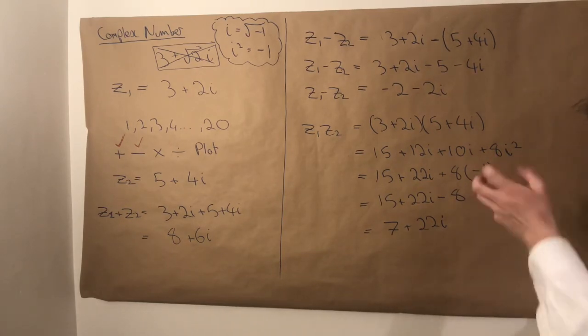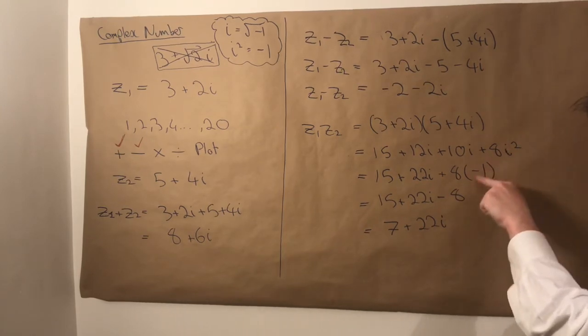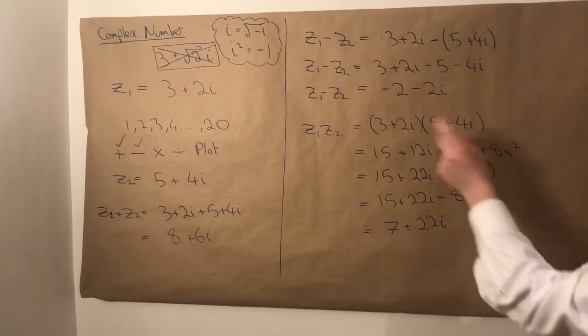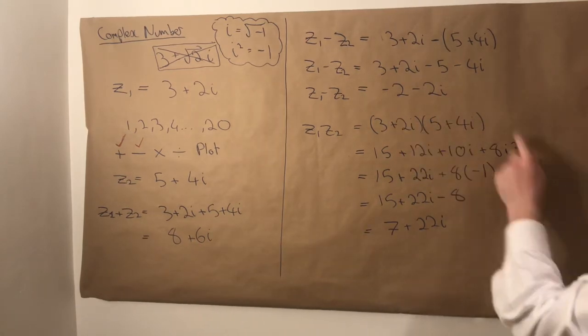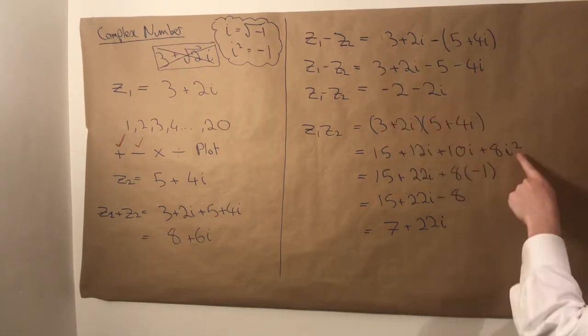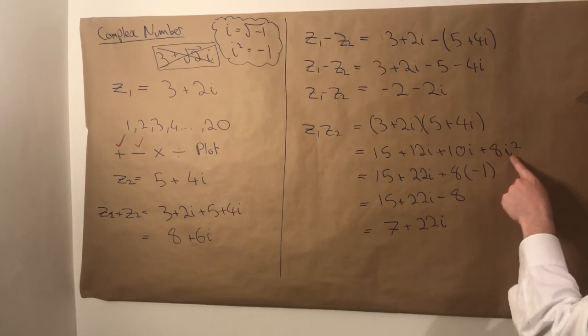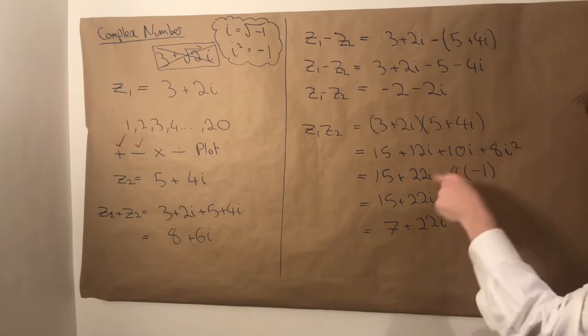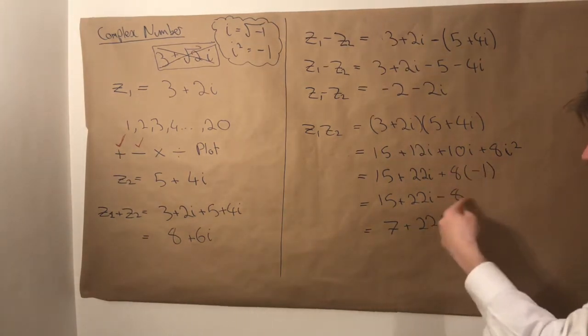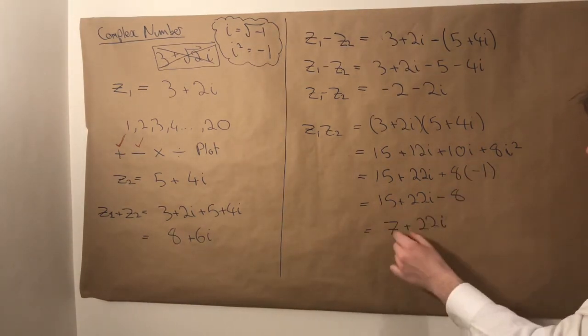And the little trick I was talking about is this i squared. When we multiply the imaginary part by the imaginary part, there will always be an i squared term. And that i squared always gets turned into minus 1, which gives an extra real part that we can combine with this real part here.